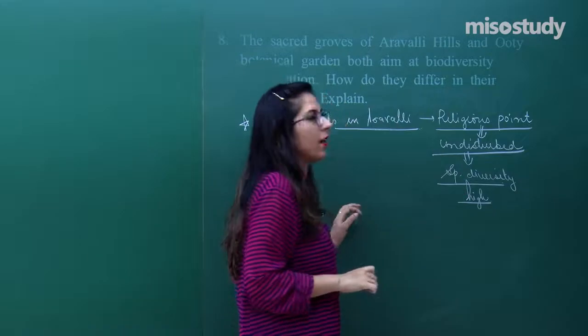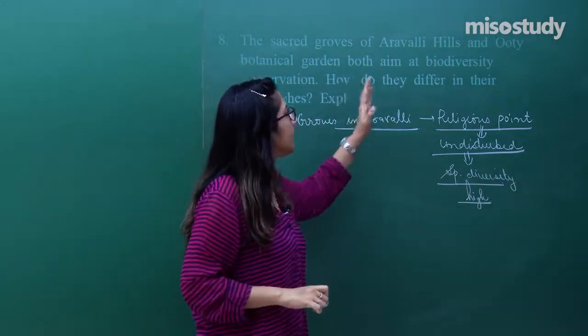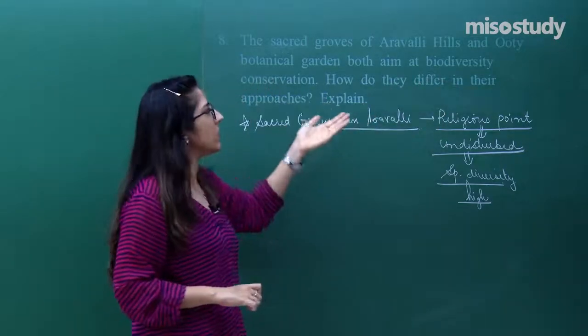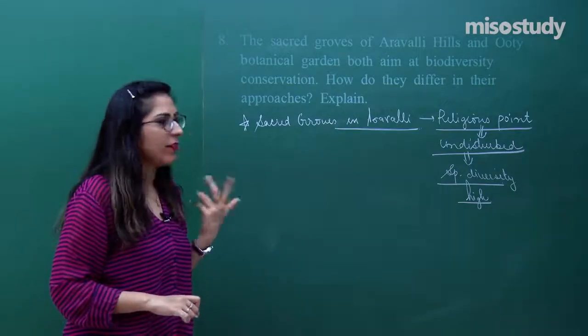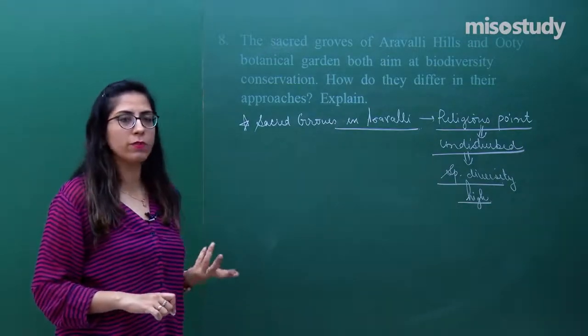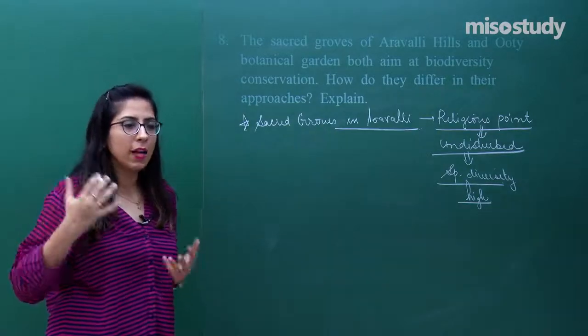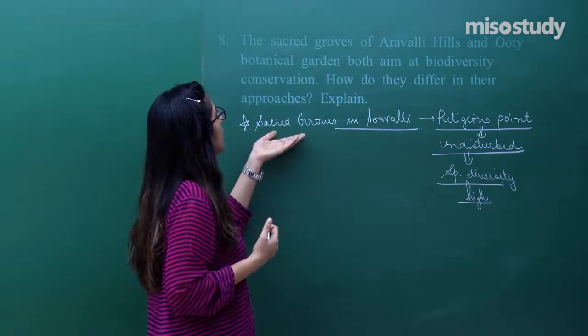Species diversity is high. When species diversity is high, these are the different ways by which biodiversity conservation can be done. So they are having some ethical points of view. We cannot kill them, that is a sacred point of view. That's why they are called sacred groves.